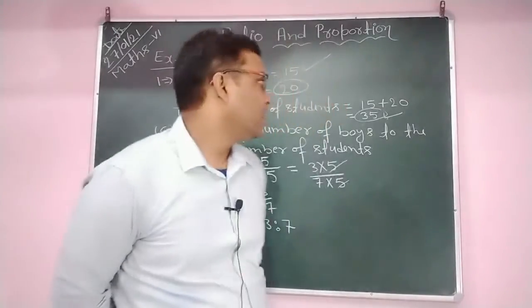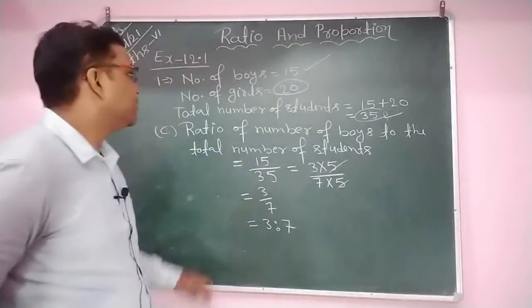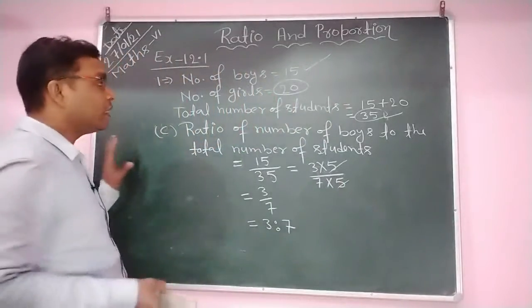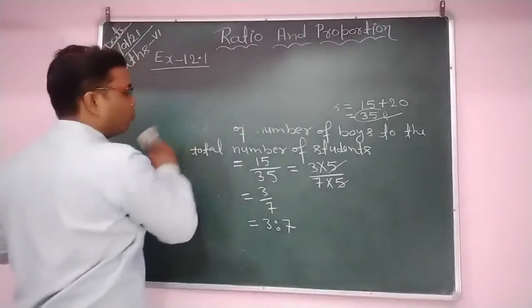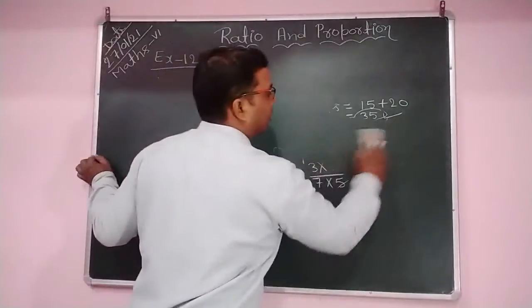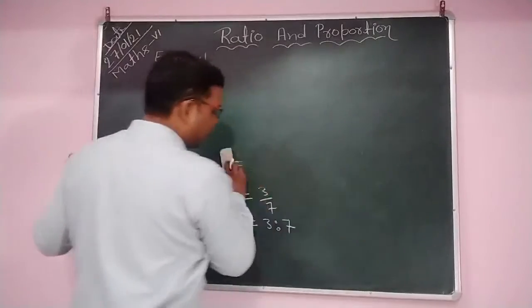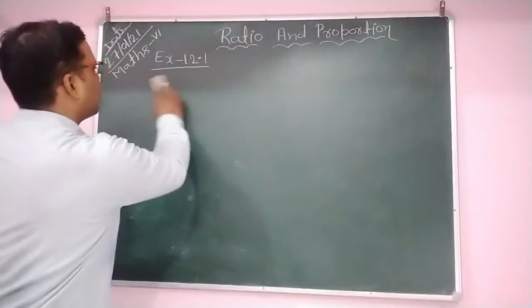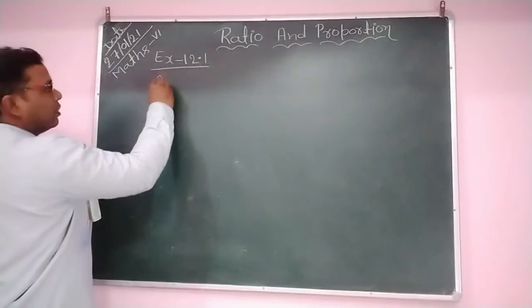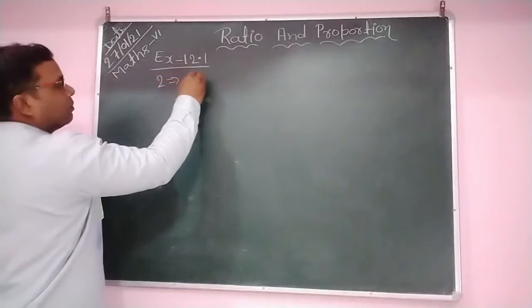So let's see how to solve this. Before it, first we read this question number 1. Now after this, we discuss again the question number 2. In this question number 2, first they have given the total number of students in the class. Okay, this is question number 2. What is given?